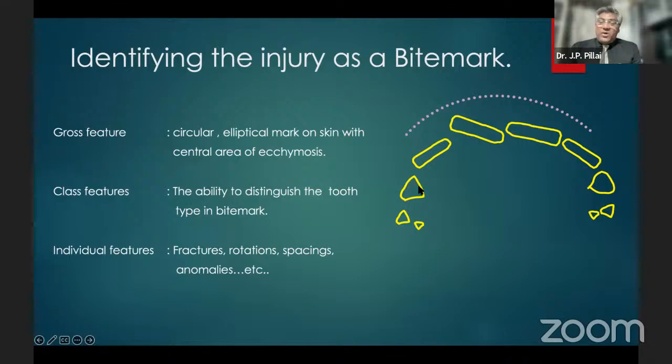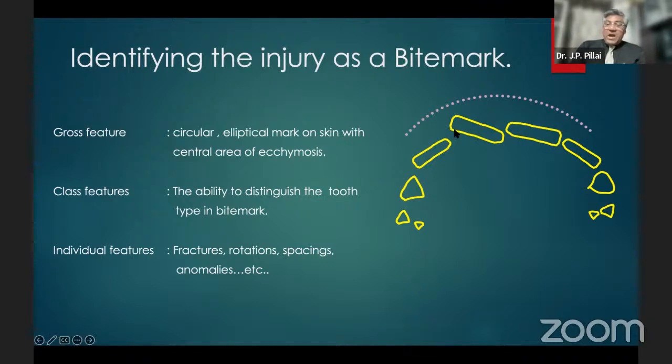So this is very important to know, because when there is an anterior teeth component involved, if the canine is prominent or sharp, that particular point will have a clear-cut indication, very clearly visible. The intercanine distance, as I mentioned earlier, is also very useful to differentiate between adult and child bite marks.